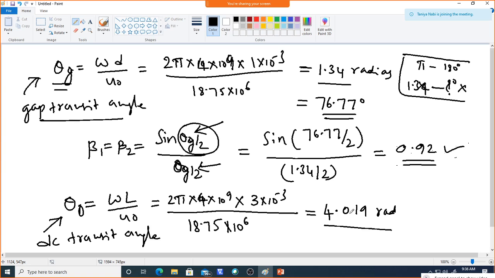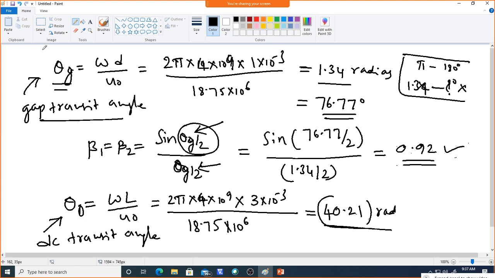The answer I got is around 40, 40.212, so it is around 40.21. Okay, so now this is the DC transit angle.